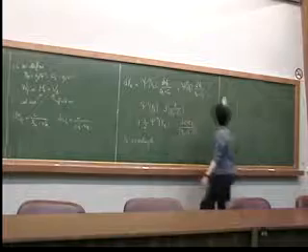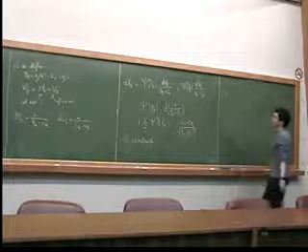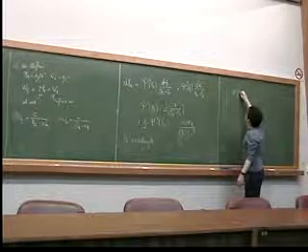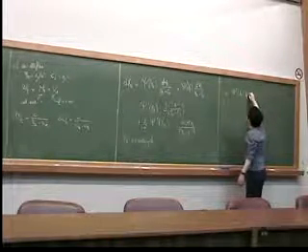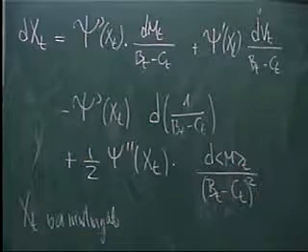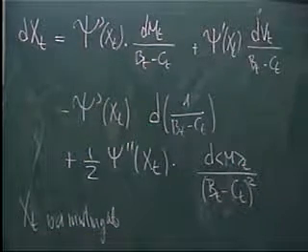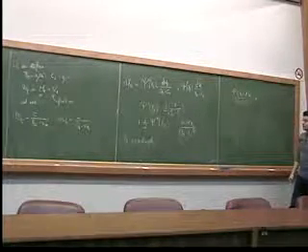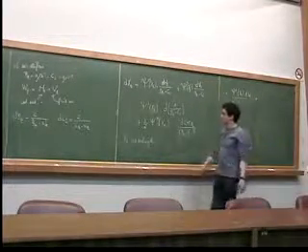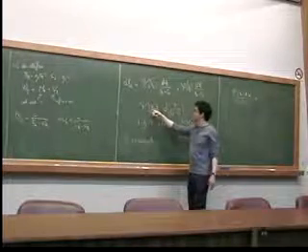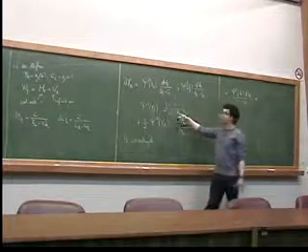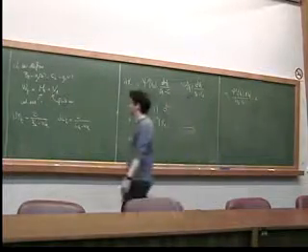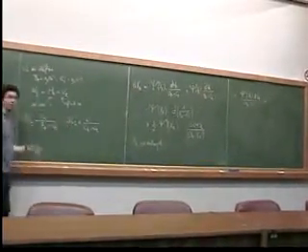So what we end up with here is just that psi prime of xt dvt over bt minus ct plus, now, what you end up with here, d of 1 over bt minus ct, this is something you know because you know what dbt is and what dct is.